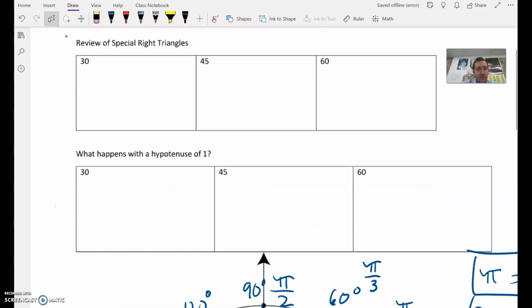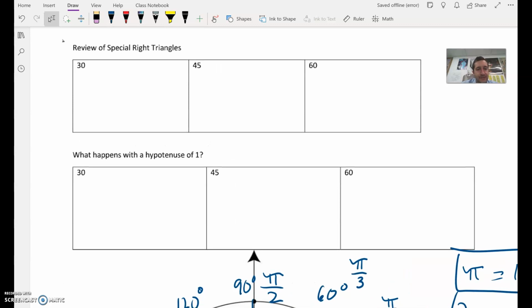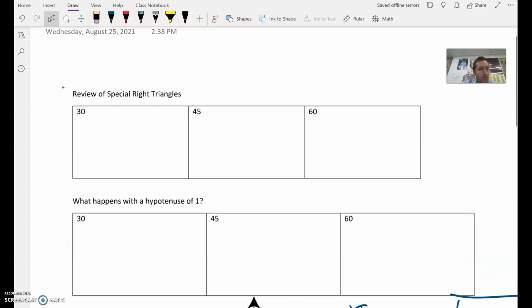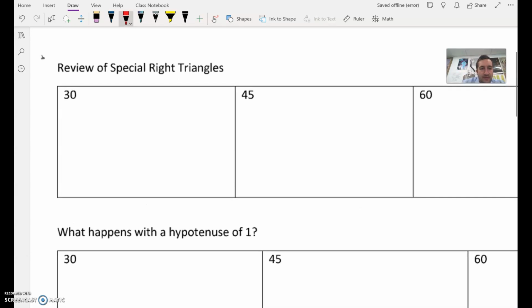Okay? Do you remember, how do I want to do this? Yeah, let's go review of right triangles. It's a little different than I wanted to do it, but we'll roll with it. We've got a 30, 60, 90 triangle.